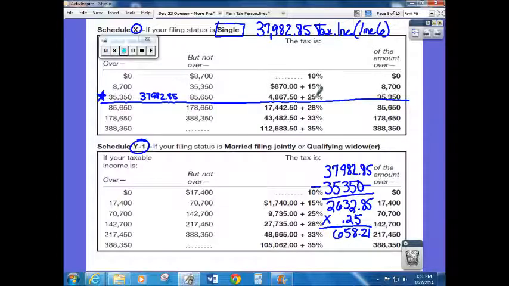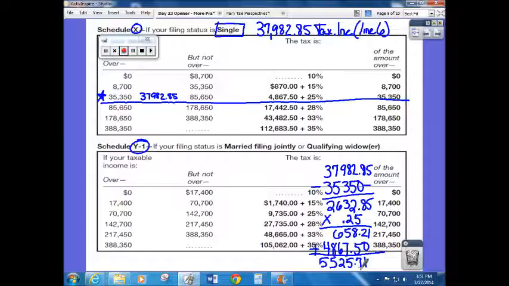And then after we get that, we're supposed to add $4,867.50 to it, to get our taxes of $5,525.71. Some of our students like to do this by setting up an algebraic equation.